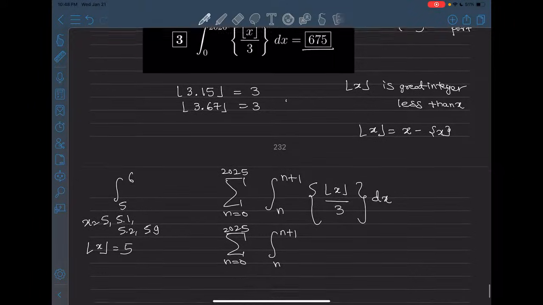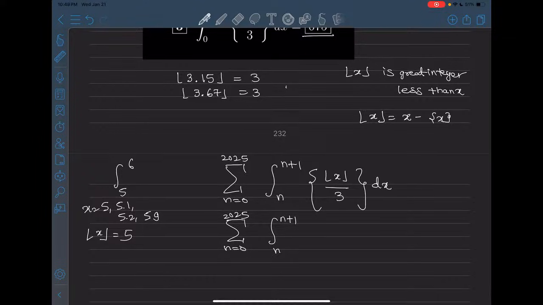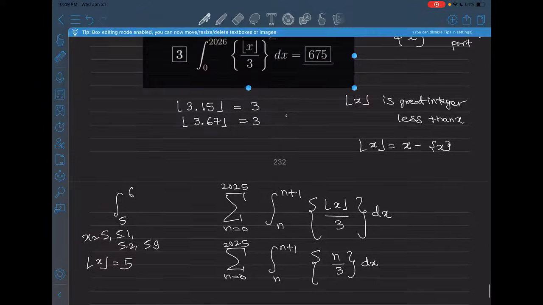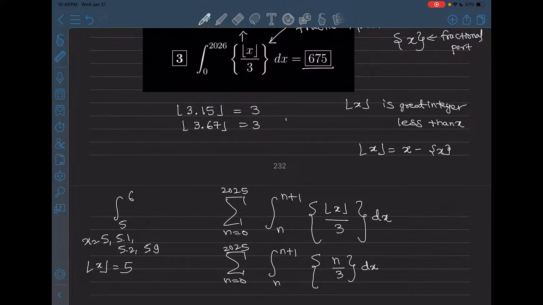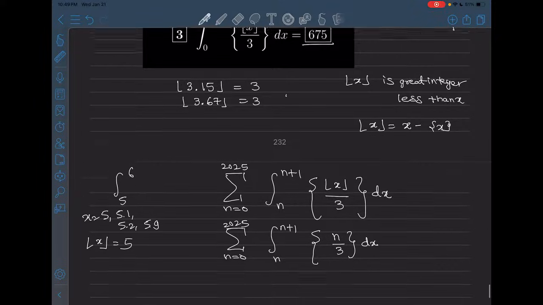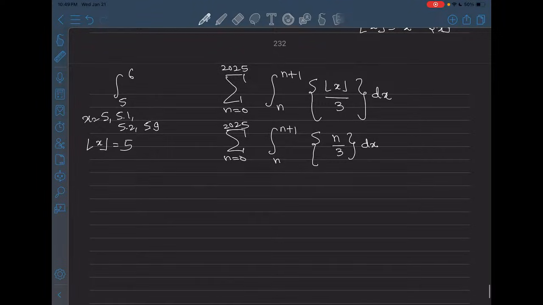So that means in this domain of integration, our greatest integer function of x will just be n. So this will just be n over 3. Do you guys get the idea? This is actually a really helpful idea. Whenever you have a greatest integer function, you break the integral into multiple integrals going from some lower integer to the upper integer, and you write it as a sum. This is a very popular idea.